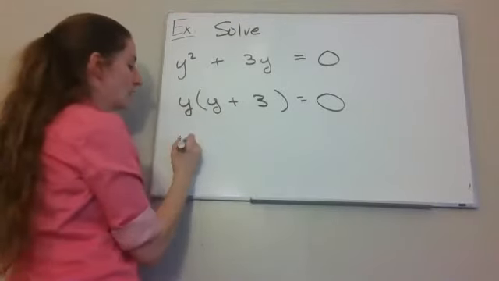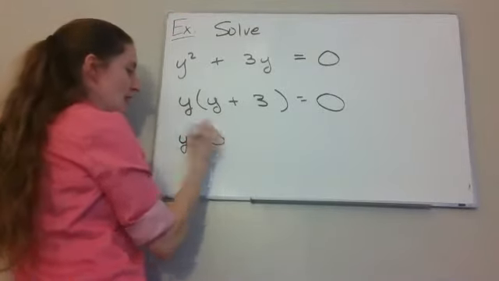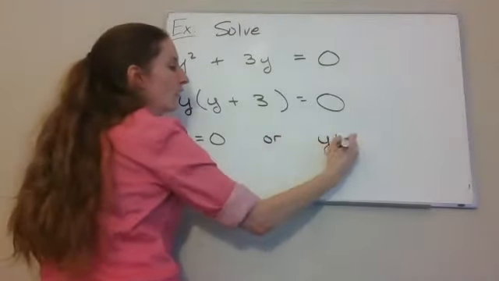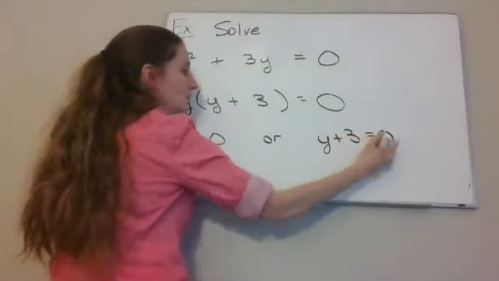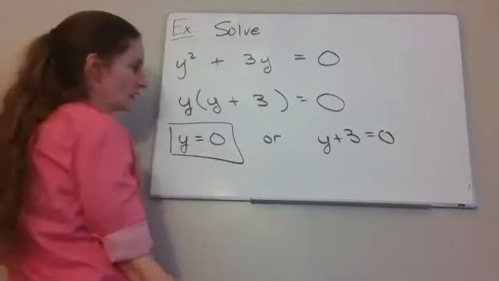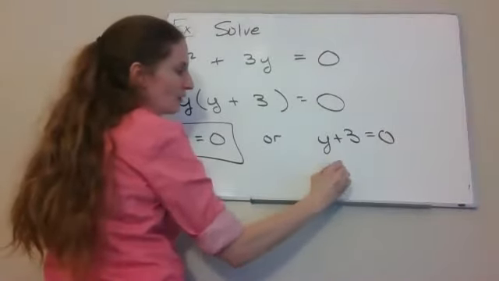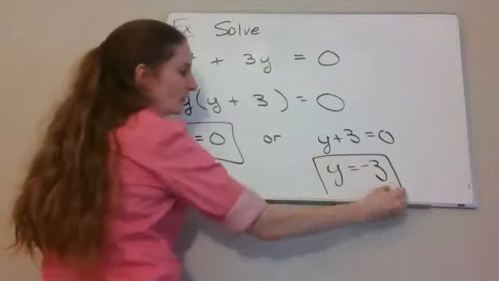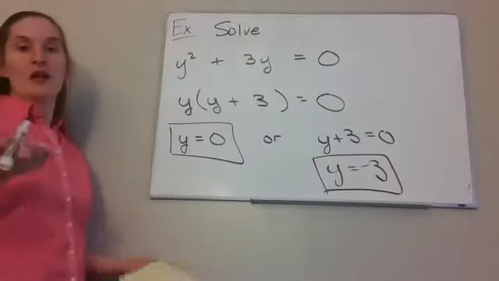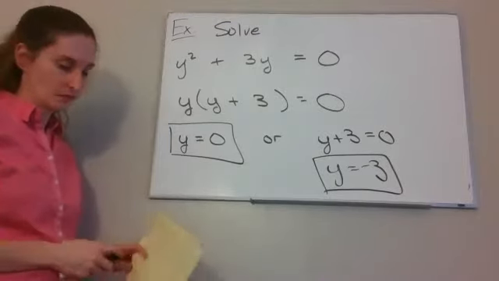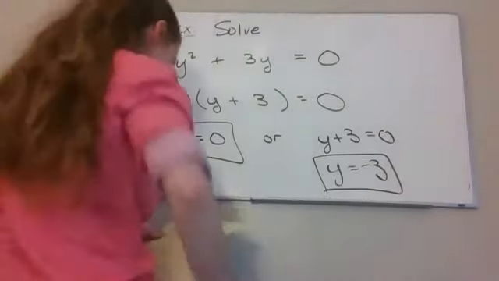So using the zero product property, either y is equal to 0 or y plus 3 equals 0. And then y equals 0 is one of my solutions. My other solution I get by moving the 3 to the other side and get y equals -3. So I got two solutions to this quadratic equation. Let's do another one.